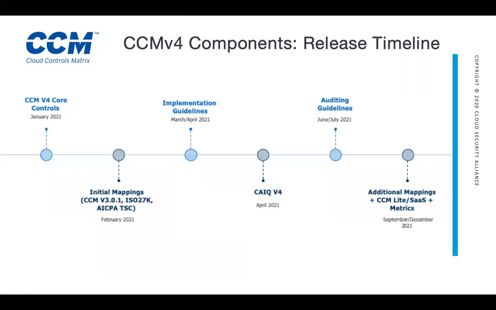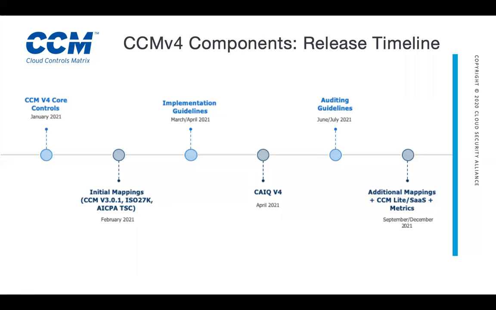So here's the timeline for the delivery of the components we mentioned earlier. The V4 was released just recently in January, and we are planning to release the 3 mappings that I mentioned earlier, with gap analysis, in March. So this activity has to be extended as we see here in the timeline.